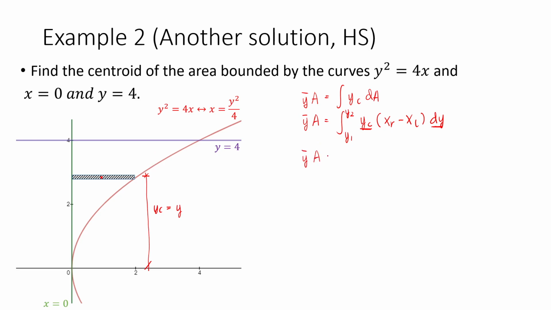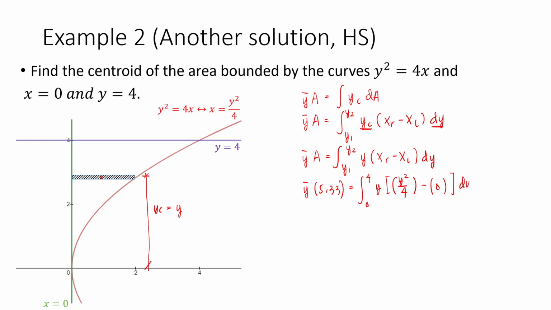So this becomes y1 to y2, then instead of y sub c, this becomes y, x right minus x left, dy. So you're going to have bar y equals 5.33, then integral from 0 to 4 of y times y squared over 4, minus 0, dy.